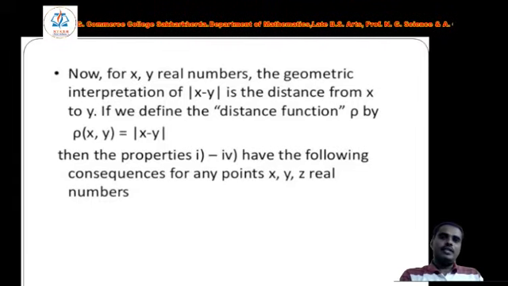If we define the distance function by rho, that is rho of x, y equals mod of x minus y, or sometimes some authors define it by d of x comma y, that is equal to mod of x minus y. Some authors replace rho by d also, that is distance. Then the properties 1 to 4 have the following consequences for any points x, y, z real numbers.